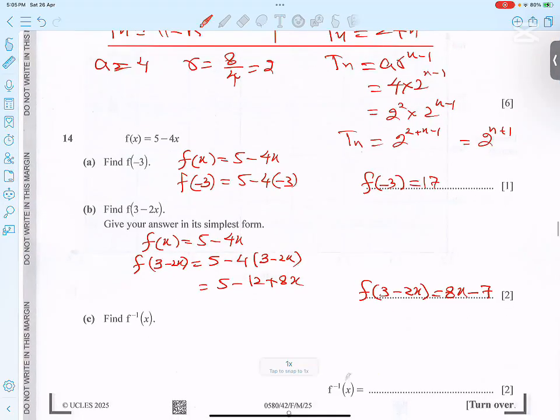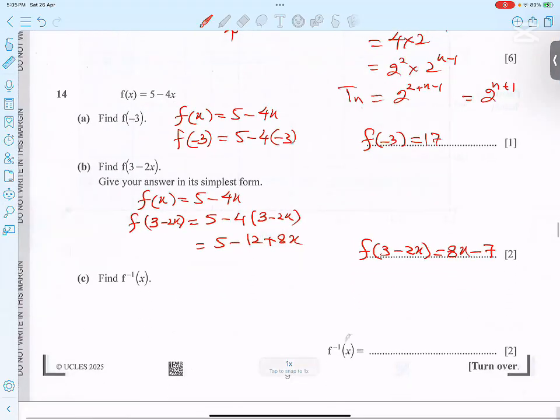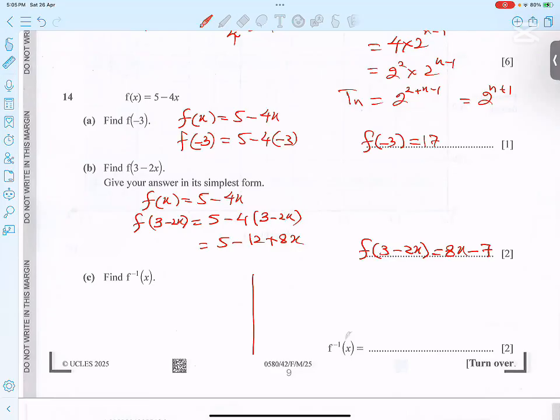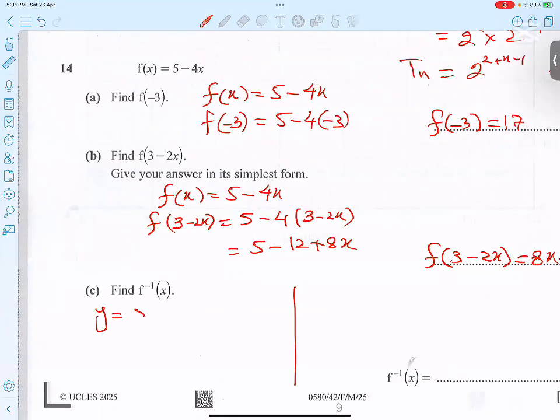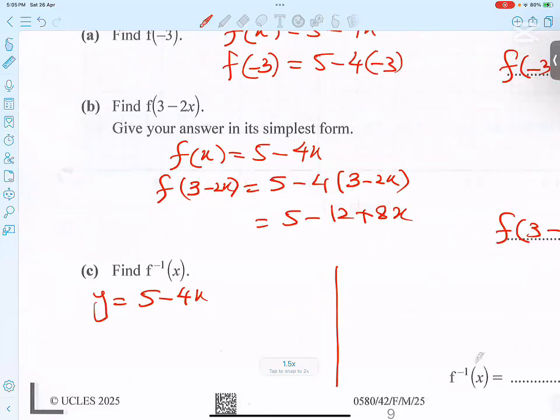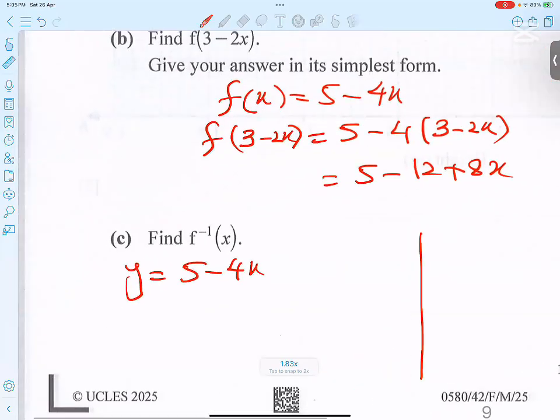Inverse. How to get the inverse, friends? Step number 1, replace f of x by y. Step number 2, I have two choices: bring 5 here and bring 4 down, or bring 4x and y to the other end. The second approach is better. I'll try to make x the subject, so 4 will divide.